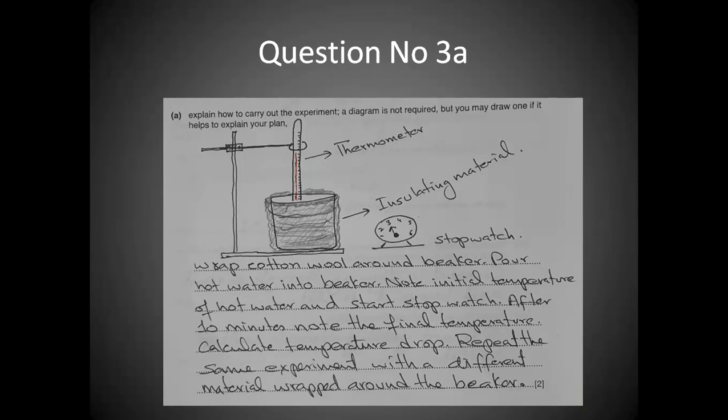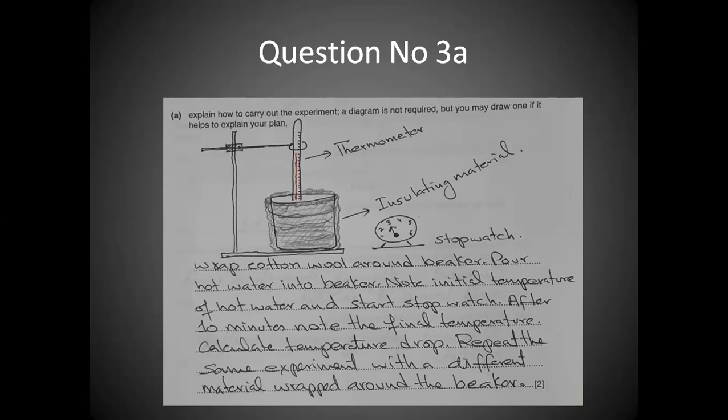The lagging is done with the insulating material. We will note down the initial temperature, then start the stopwatch, give it 10 minutes, and then note down the final temperature, and then calculate how much the temperature drop is in 10 minutes. Then we will repeat this experiment with the other insulating materials.